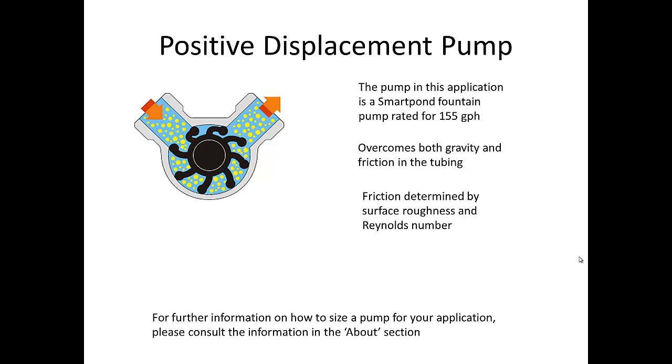For application, this will pretty much always be water. And our friction factor will essentially be 0 since we're using plastic tubing. I'll show you a little bit here how to find that frictional factor, but for further information on how to size a pump for your specific application, please consult the information in the About section.